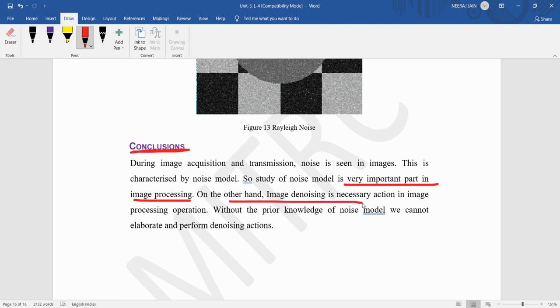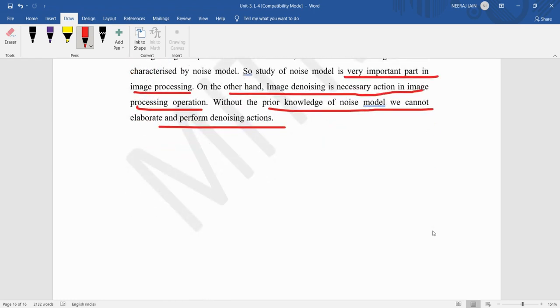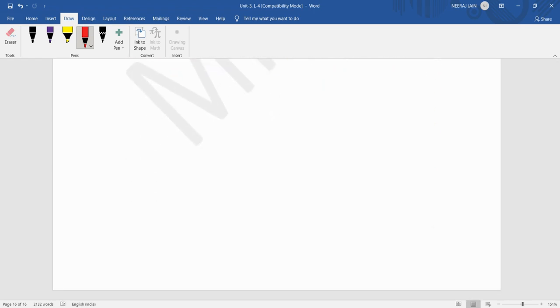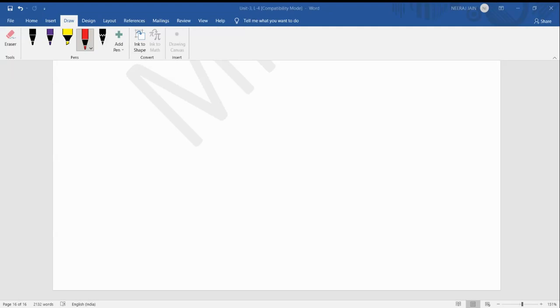On the other hand, image denoising is a necessary action in image processing. Without prior knowledge of the noise model, we cannot perform the denoising action. Okay, thank you very much.